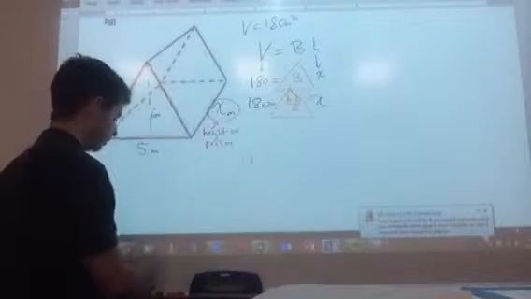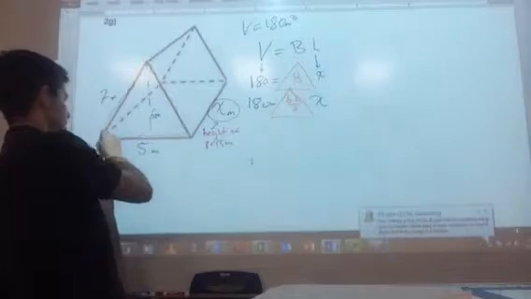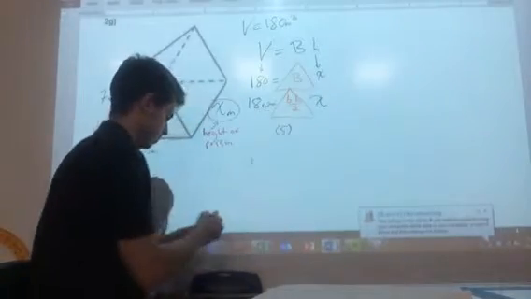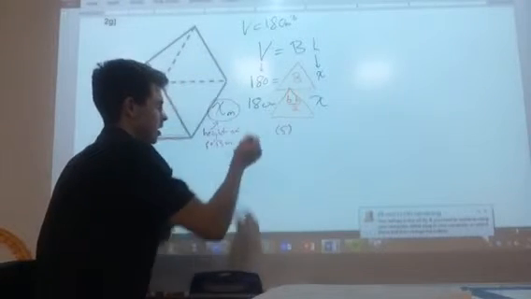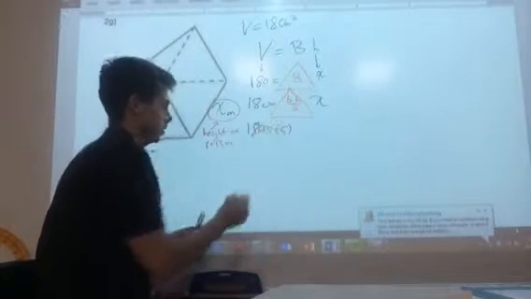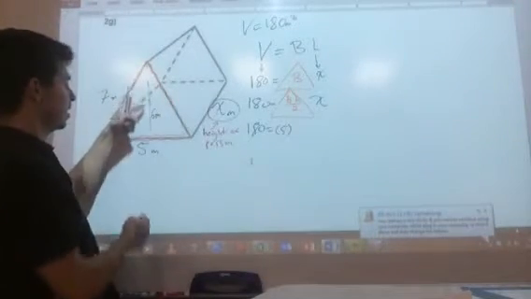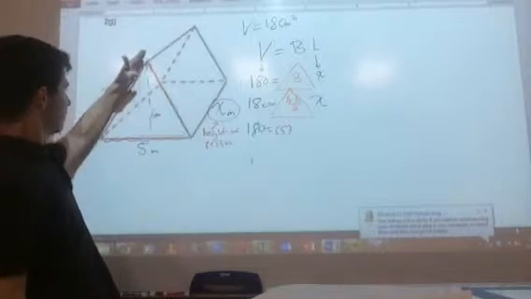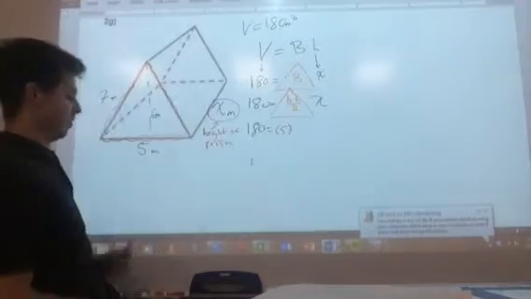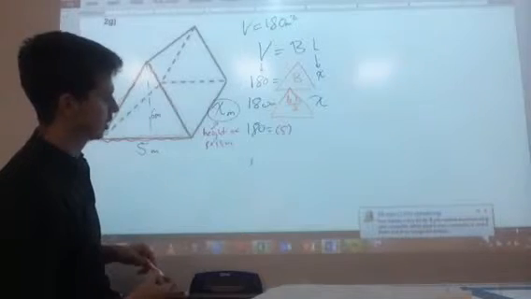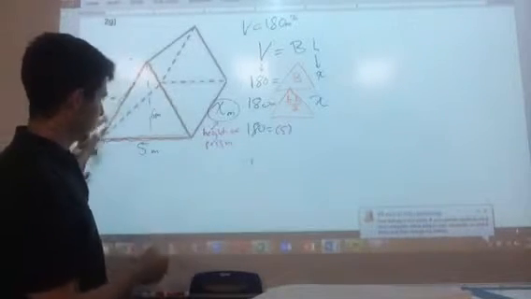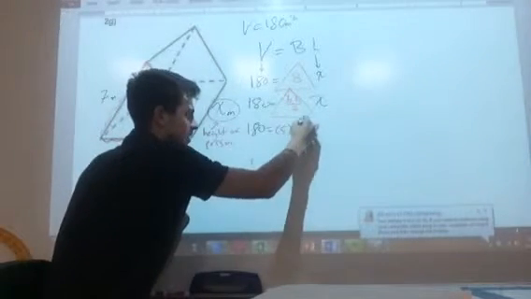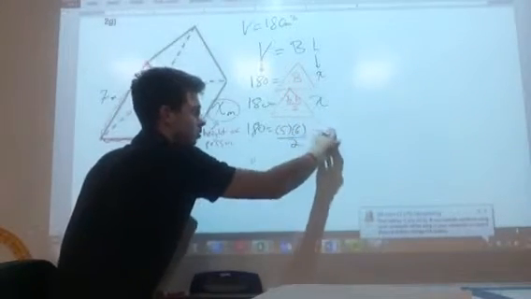The base of the triangle is right here, so that's going to be 5. I'm going to write everything down, keep my steps nice and orderly. And the height of the base is this right here, this 6 meters. This 7 meters is useless information. This would help us in surface area, but not in the volume of the triangular prism. So the 7 meters is not useful, but the area of the base is 5 times 6 divided by 2, times x.